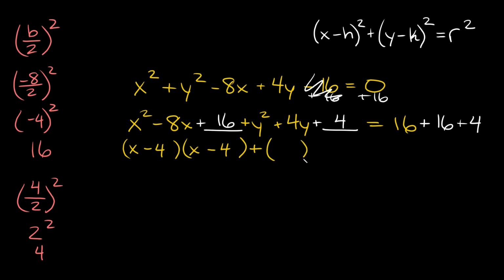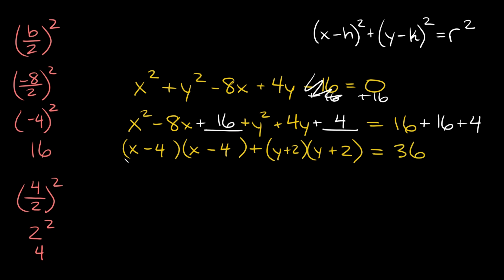So let's factor this guy right here. So y squared breaks down into y times y, and then two numbers that multiply to 4 and also add up to 4 would just be plus 2 and plus 2. Okay, and that's going to be equal to this right here, which is 36.